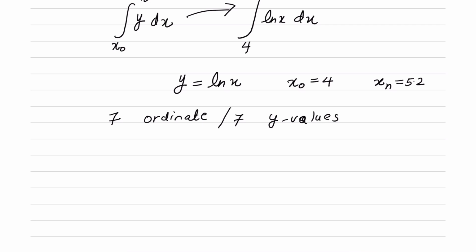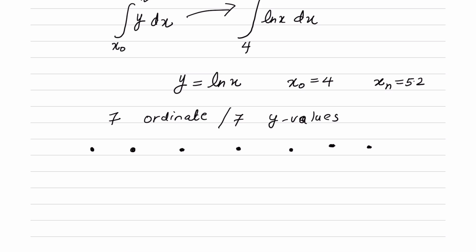So if there are 7 y values, first we will put just 7 dots: 1, 2, 3, 4, 5, 6, 7, because we have been told that there are 7 y values, and then we will name these values.